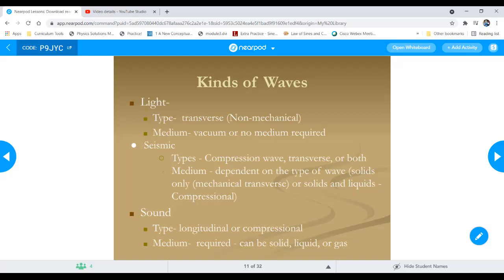So if you've ever been to the Italian Heritage Festival here in Clarksburg, you know that there were two guys, Mel and Ott, that played accordions. And so that accordion goes back and forth. That's the way a sound wave looks if you were to visually see it. And sound waves can travel through solids, liquids, and gases.